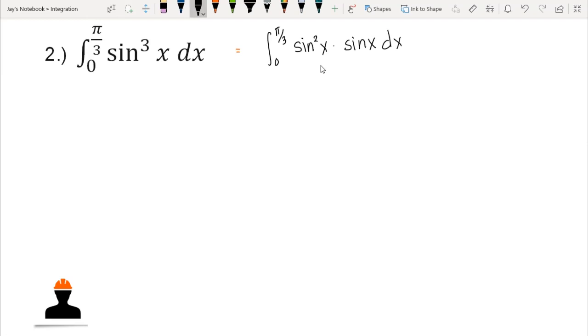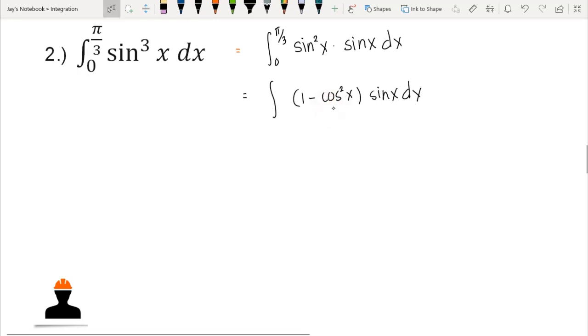Take note, sine squared x here can be expanded using trigonometric identities. We know that the identity for sine squared x is 1 minus cosine squared x. Then we have sine x dx. So this 1 minus cosine squared x is the trigonometric identity of sine squared x.